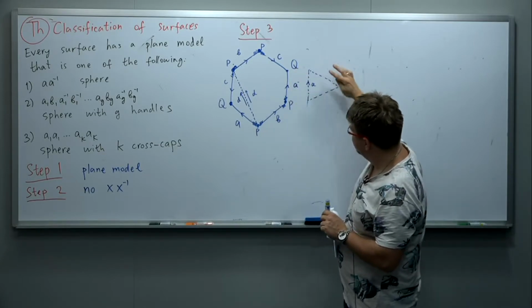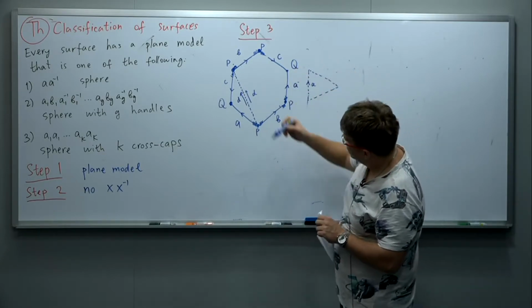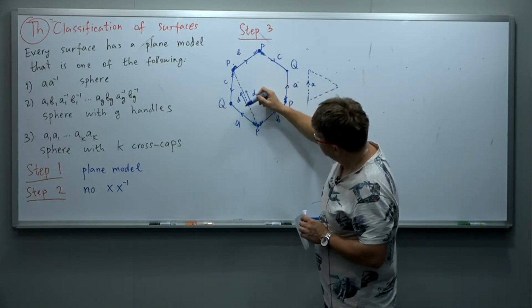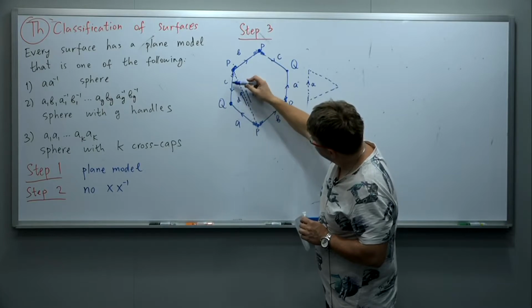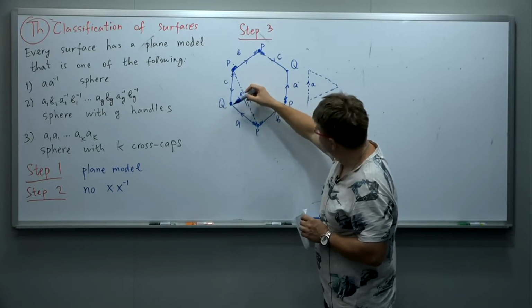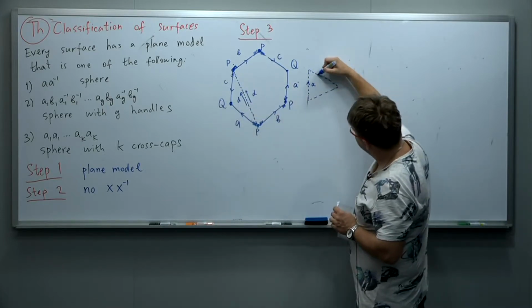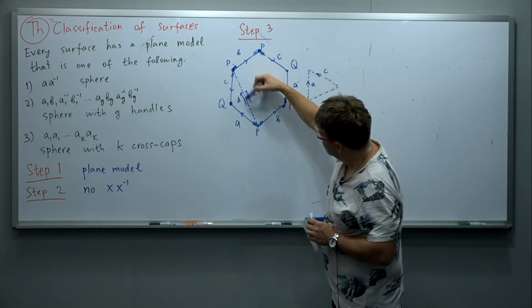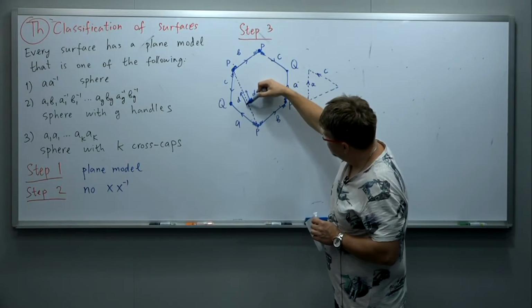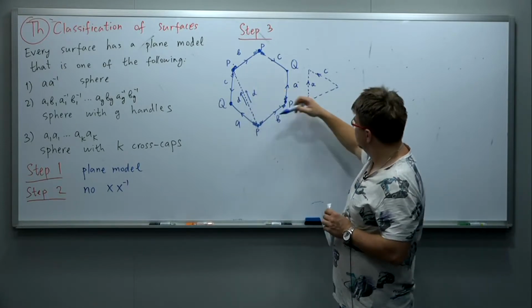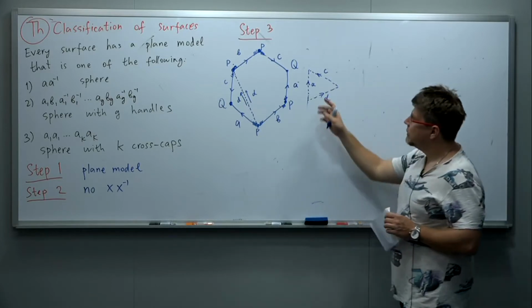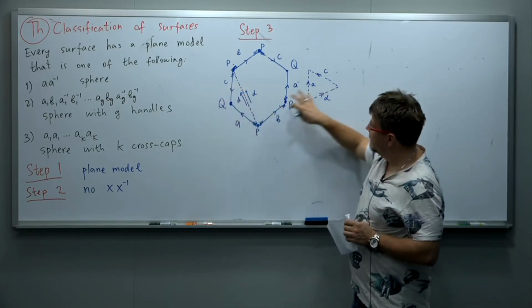This is going to be C, this is going to be D. Just to make sure that we don't make any mistakes: C points towards the head of A. So this is the head of A, and C points towards the head of A. And the tail of D is the same as the tail of A. So it means that this is D. All right, so I'm going to remove this and glue it here.